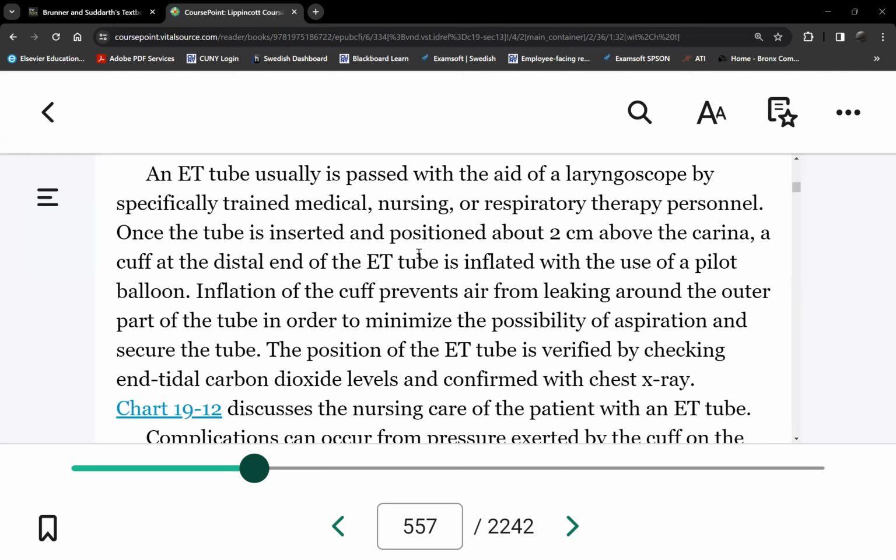When we put a stainless steel laryngoscope into her mouth and down her throat, will she fight it? Yes, she's confused, not getting enough air. She's going to fight anybody who's trying to do this to her because she doesn't know whether we're helping her or killing her at that moment. So the confusion will cause her to fight.